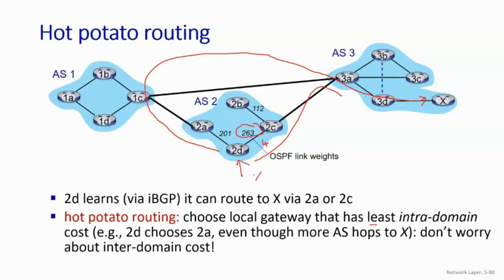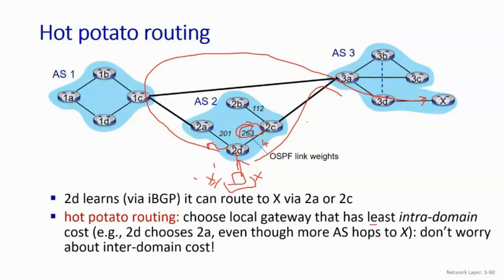It has packets with destination address X, for example from a host connected directly to 2D. That packet has to be routed from 2D: whether this path is selected or this path is selected, that decision has to be taken.